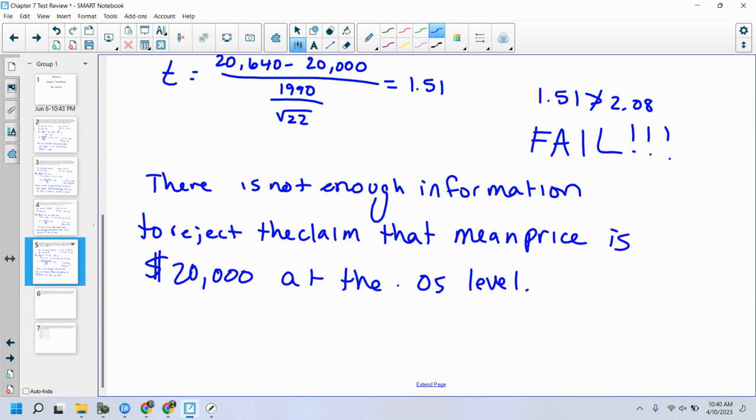Maybe if we decreased that, we would be able to reject that claim. But if we want to say that we are 95% confident, then that's not enough. Questions there?